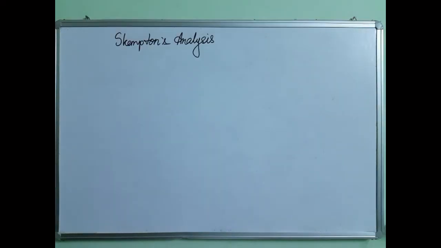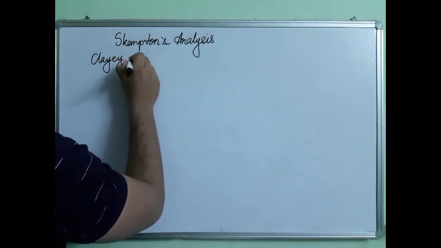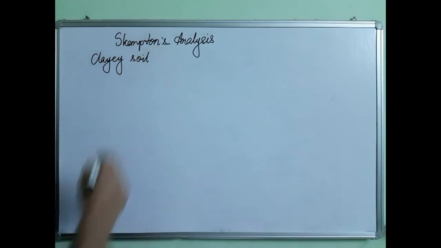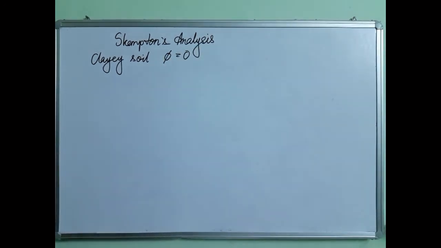So let us go to the second topic, which is called Skempton's analysis. Okay, so this is actually done for clay soils, which means that phi should be equal to 0, and the soil should be saturated.